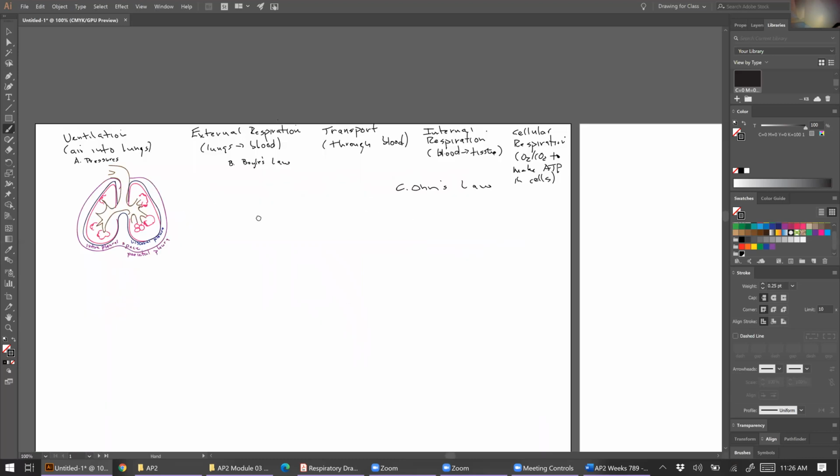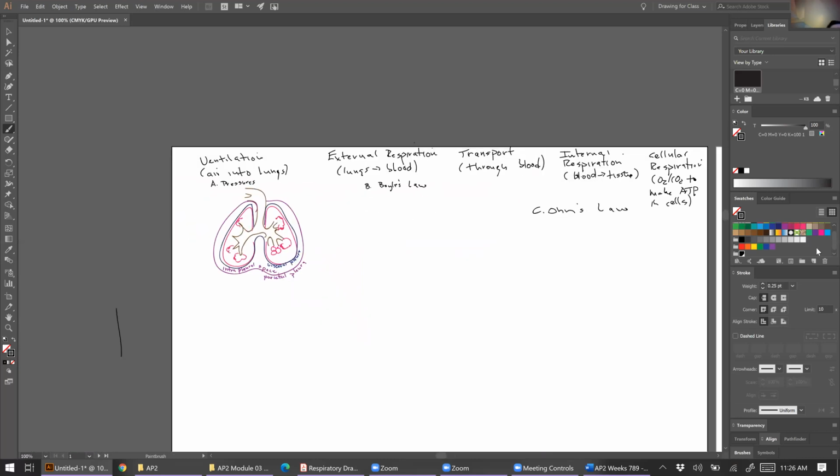Okay, so let's go back and start doing pressures. And I always do air as kind of a light blue. So out here is going to be atmospheric pressure. That's the pressure of the air around us. And that equals, and you're going to see I'm pretty redundant here, 760 millimeters of mercury.